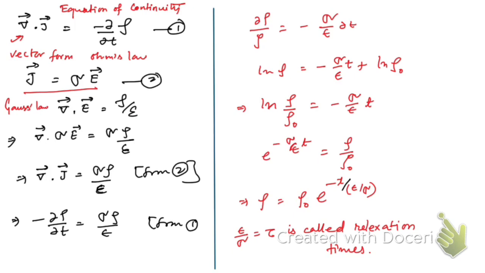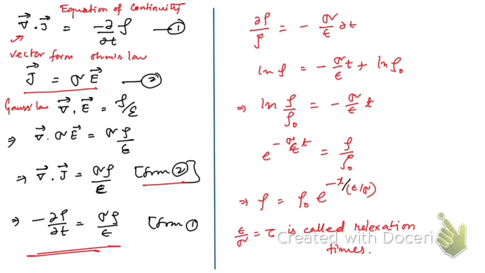Now if we multiply both sides of this Gauss law by sigma, then we get this. Then this can be replaced by J using equation number 2. Then this divergence of J can be replaced by this. So I have put this one here. Then we have got this, right?